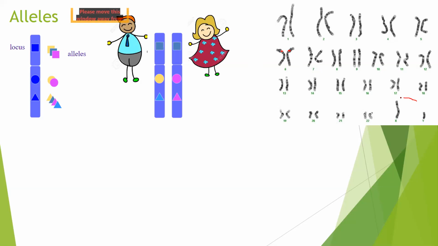However, if you look at the sex chromosome, the length of the X chromosome is significantly larger than the length of the Y chromosome, which means probably only part of the X chromosome has the same genes on the Y chromosome, but some of the genes on the X chromosome do not have the same genes on the Y chromosome.